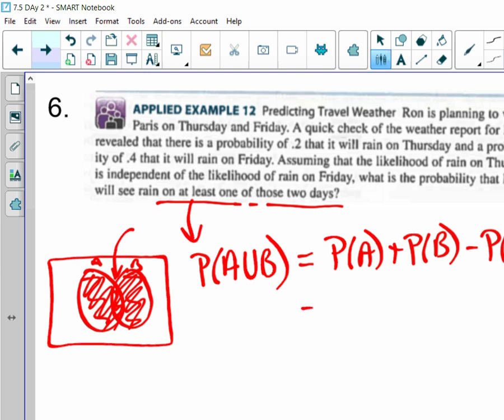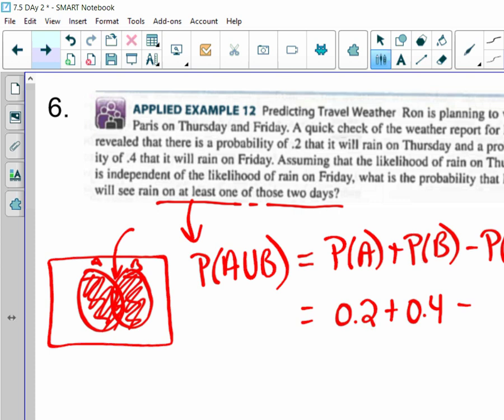So the probability of A happening, A is just the first day, right? There's 2 days. Basically, A is Thursday. So the probability of it raining on Thursday is 0.2. The probability of it raining on Friday is 0.4. And then how would I find A intersect B? Oh, that's our formula.